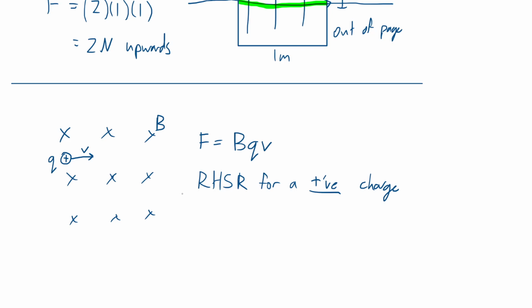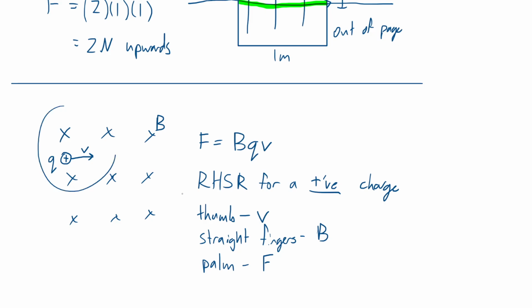So, looking at this, our thumb points in the direction of the velocity of the charge, right? Where is it heading? Our straight fingers, remember it's a slap rule, so our fingers are straight, point in the direction of the magnetic field, and our palm points in the direction of the force on the charge.